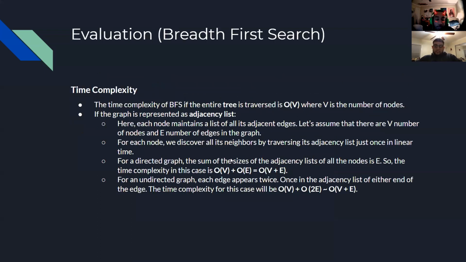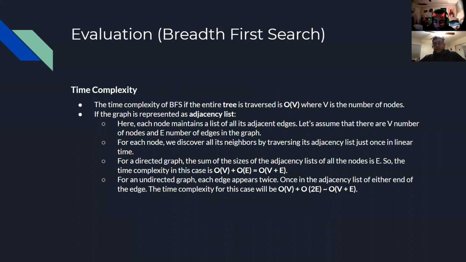Correct. So we found in the evaluation that the time complexity of breadth first search, if the entire tree is traversed, is O(V), where V is the number of nodes. If the graph is represented as an adjacency list, each node maintains a list of all its adjacent edges. Let's assume that there are V nodes and E edges in the graph.